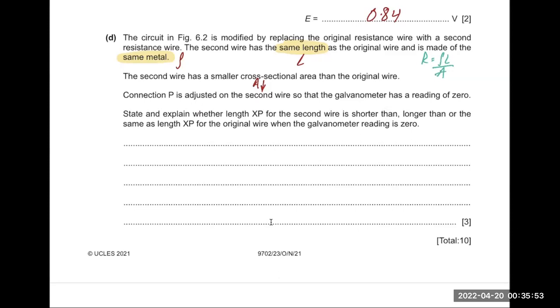So R is proportional to 1 upon A. When the area decreases, the resistance increases because they're inversely proportional. So the second wire has a larger resistance because of the smaller area.